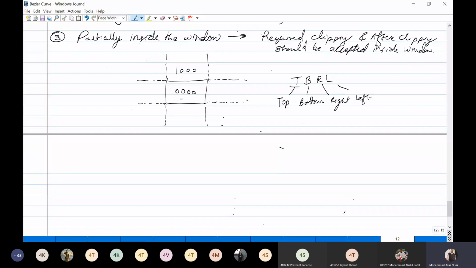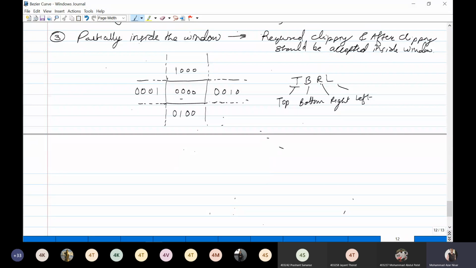Then for bottom, you write 1 in the B position: 0100. Then for right, you use the third one as 1, and for left, you use the last one as 1.